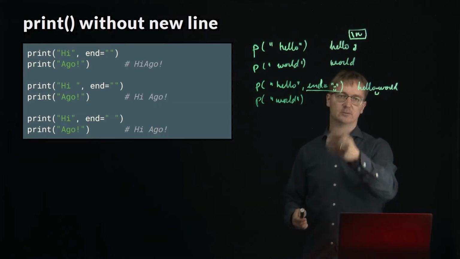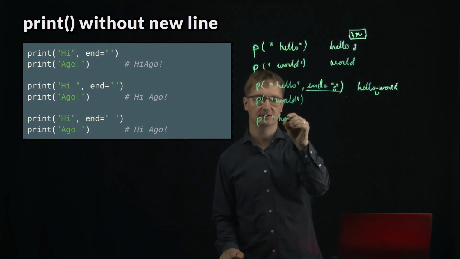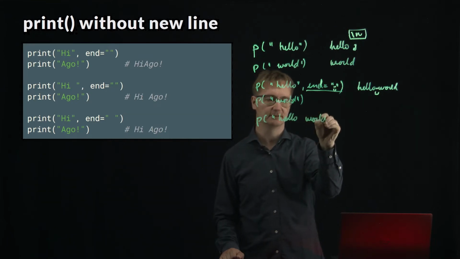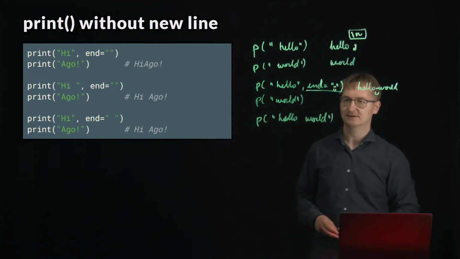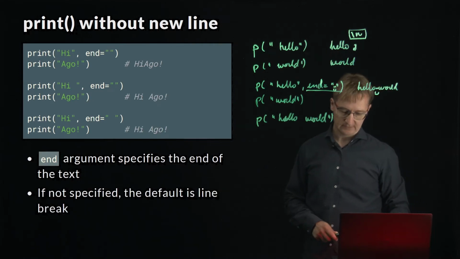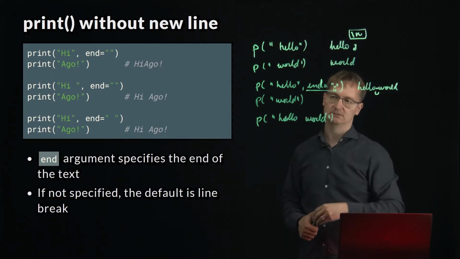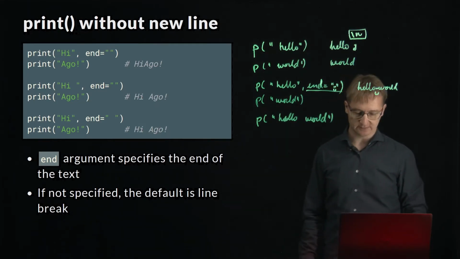But another way to print this would be just print hello world, so I have a space here and I don't use this end argument at all. If this end argument is not given or there is no value for it, then the default value is line break.